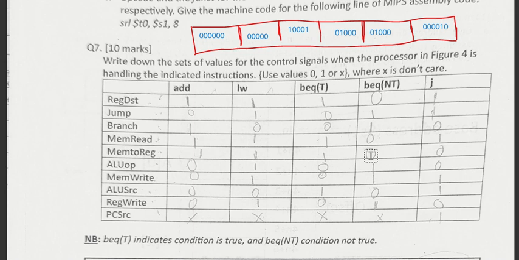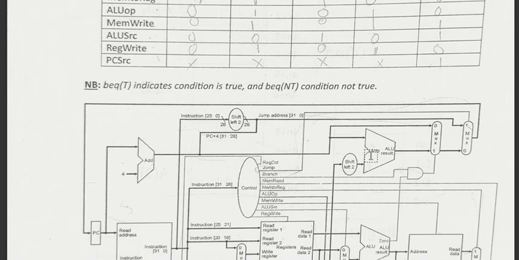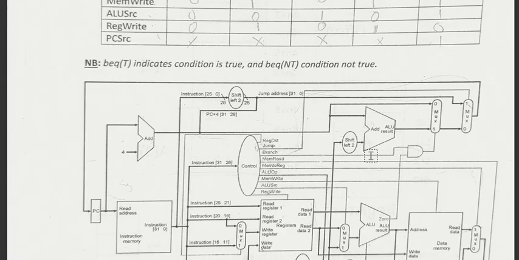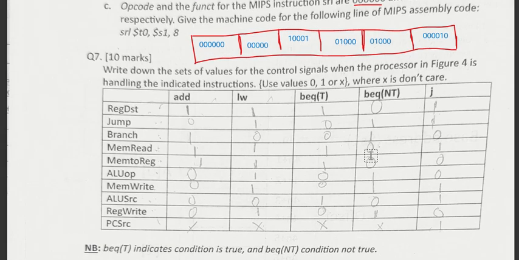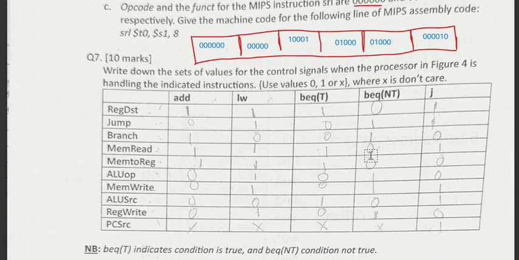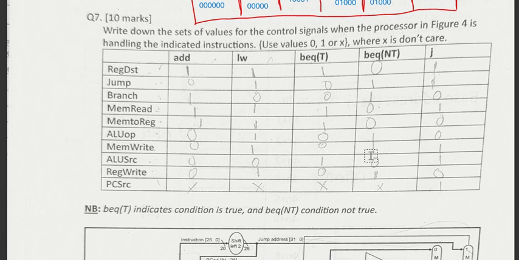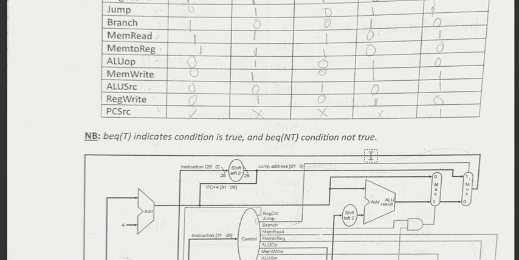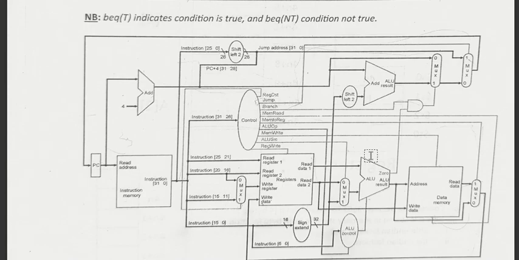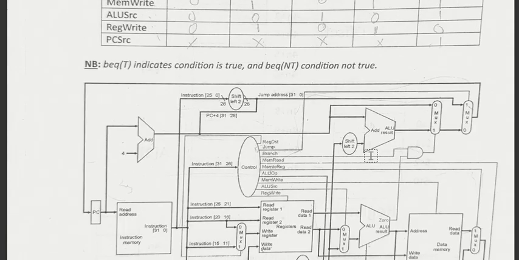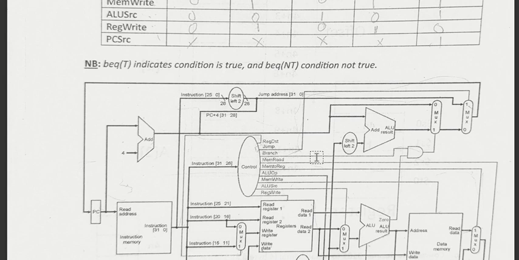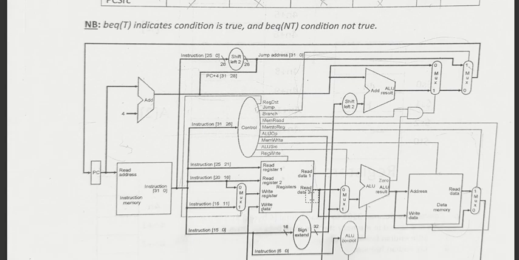So things like this, I think we should take our time, and you have to remember a bit from, okay, you are fortunate, you have the MIPS datapath, right? Now, when you remember the MIPS datapath, even if you don't know what it does, just go and look at the signals, right? So for example, the first one is RegDst. RegDst is, I think, this signal, which is going back here, right?